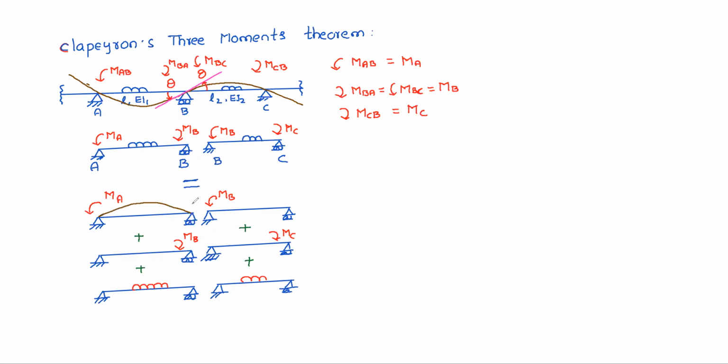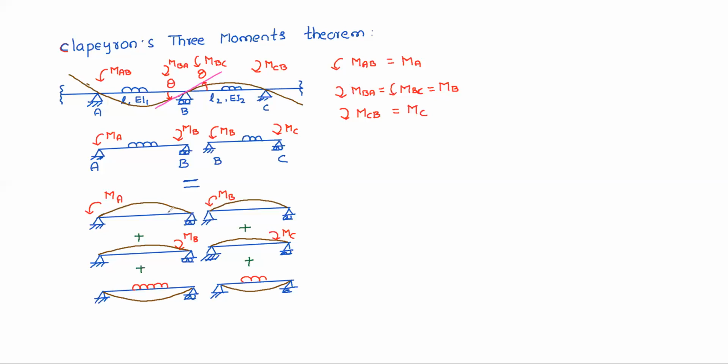Of course, here also like this. If you apply MB clockwise on the right side, then also it may get this kind of shape. MC also may get this kind of shape. If you apply load here, because of this load, the displacement may be like this.